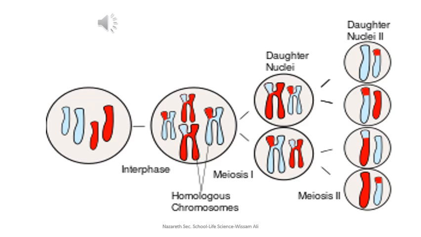Then during meiosis 2, we have four daughter cells, non-identical haploid cells, each containing n chromosomes of one chromatid.